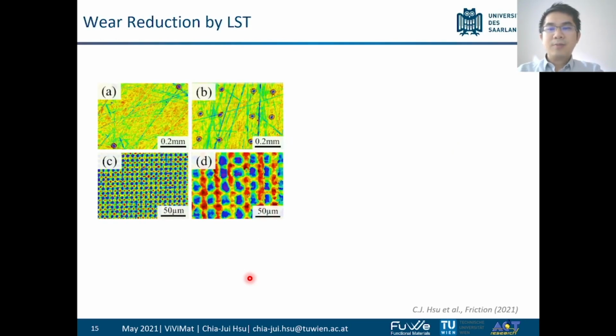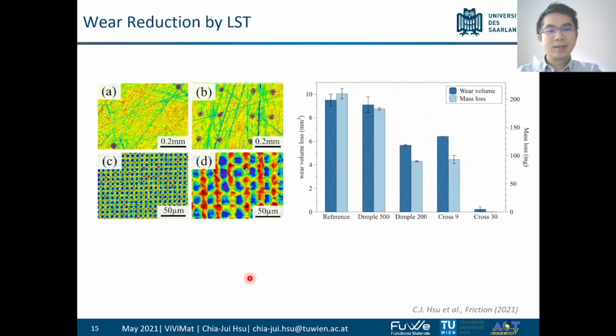And how about the wear and the frictional performance? As you can see here, this chart shows the wear volume loss and also the mass loss.